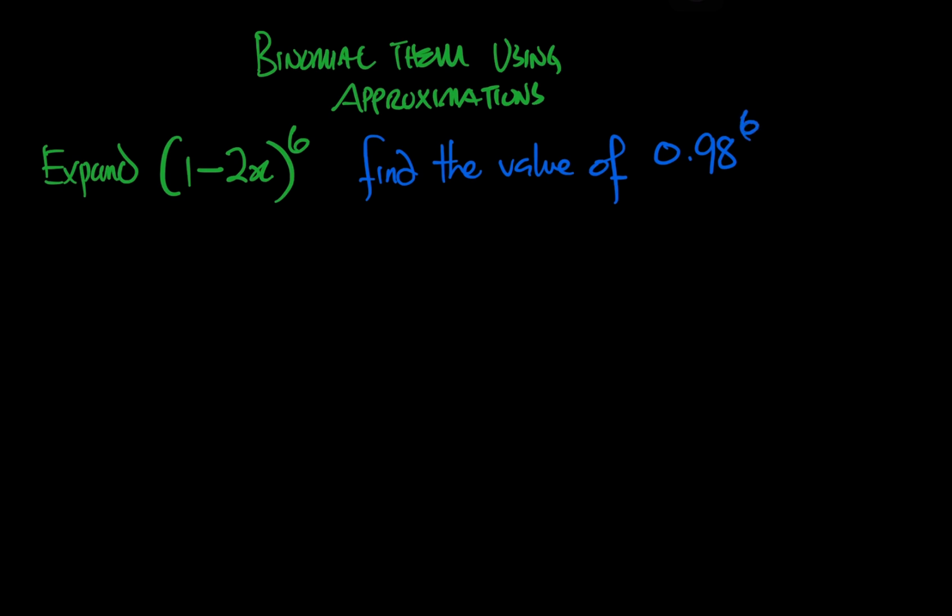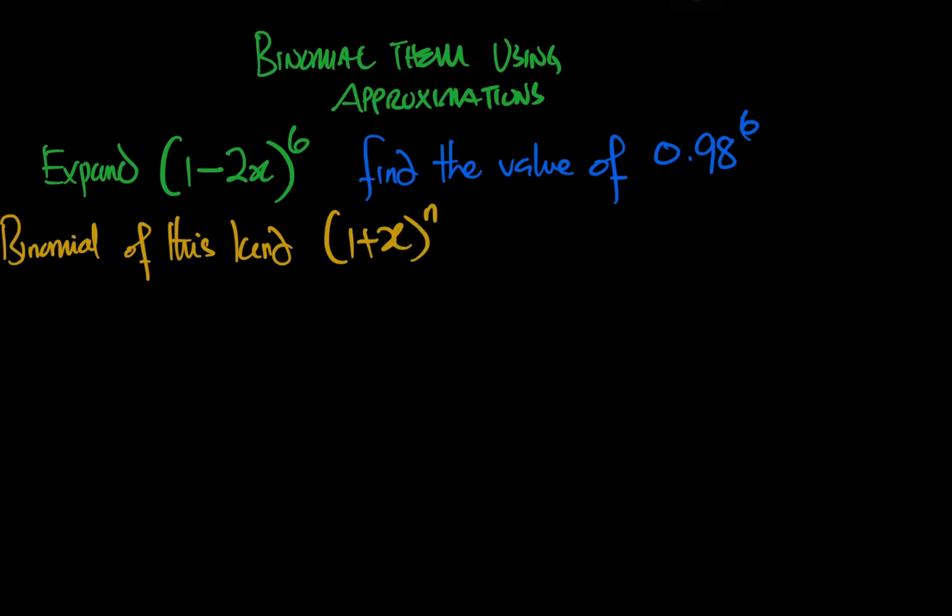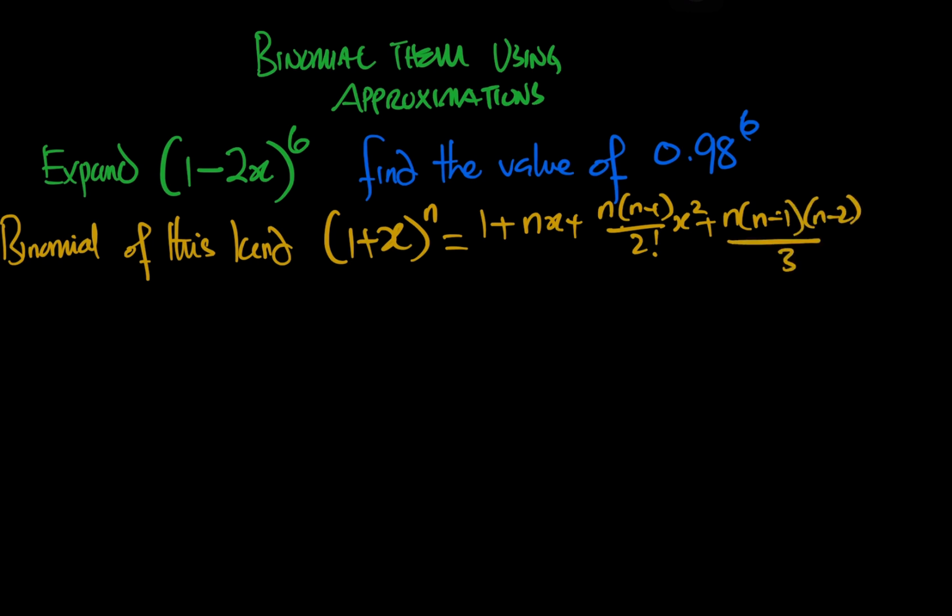All right. So first of all, remember, we said that if there's a binomial expression of this kind, where you have (1 + x)^n, it is the same as 1 + nx + n(n - 1)/2! x^2 + n(n - 1)(n - 2)/3! x^3, in that order.